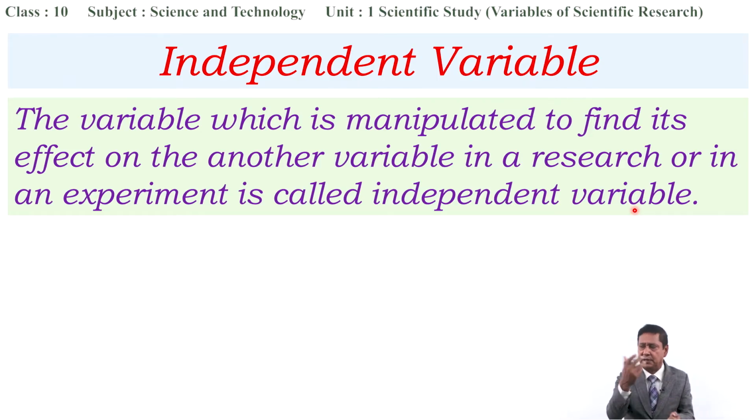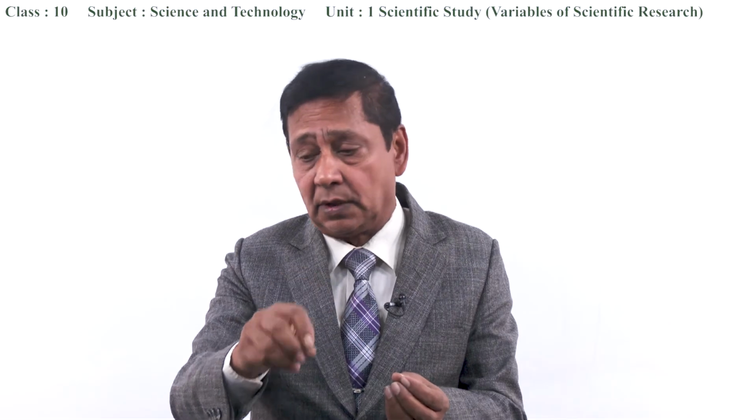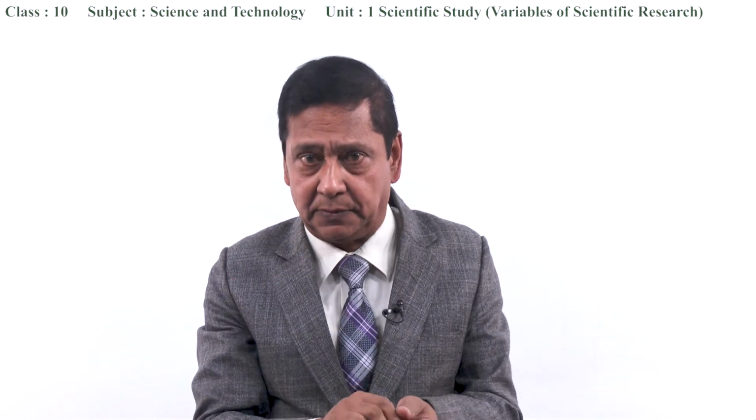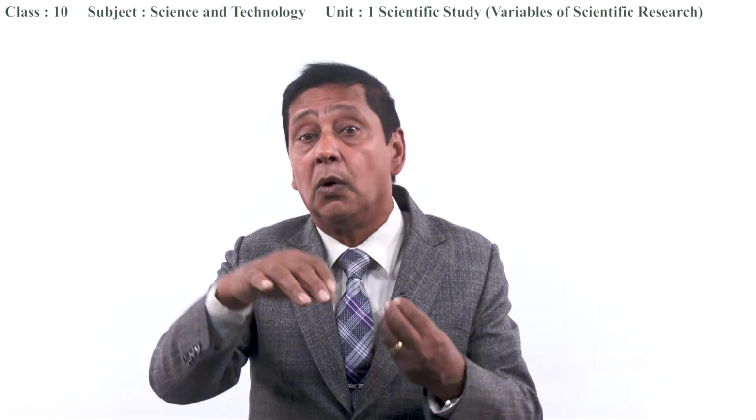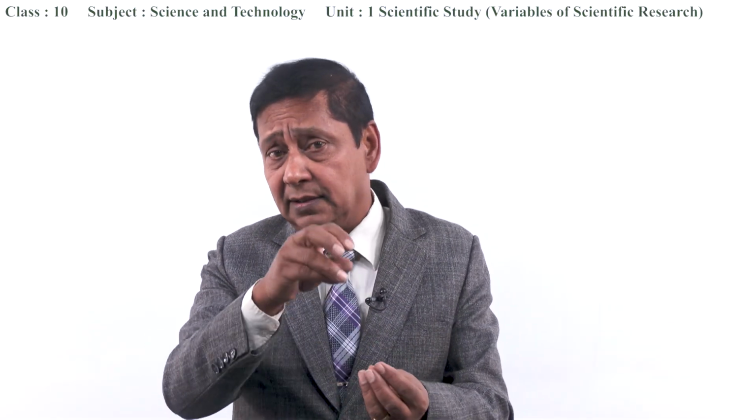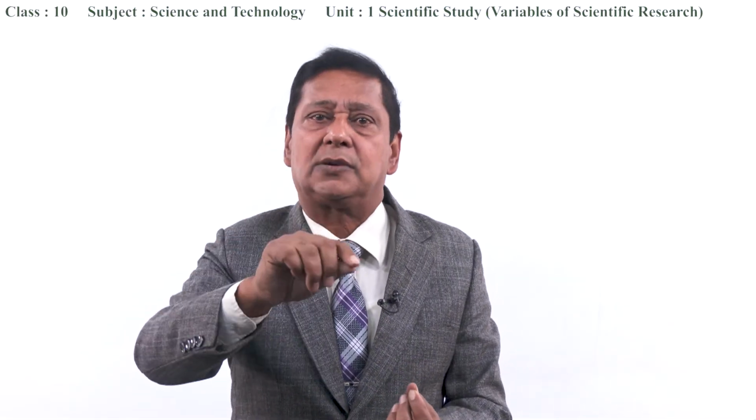Independent variable. Just for example, there are different pieces of iron. A small piece of iron has less mass, a little bigger piece of iron has more mass, another bigger one has more than the previous mass. When the mass increases, the weight of that piece of iron will also increase.